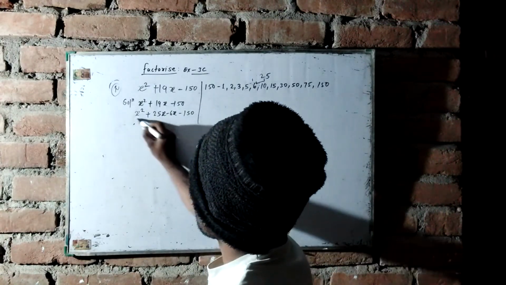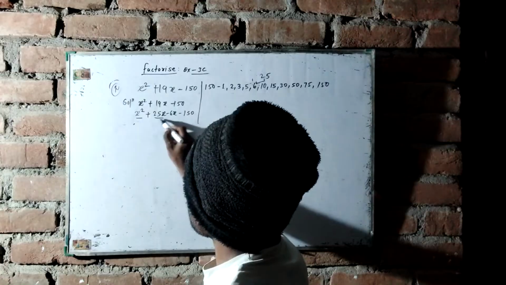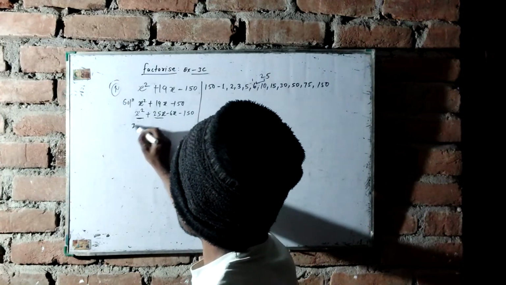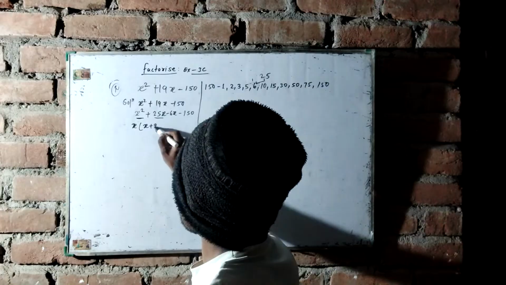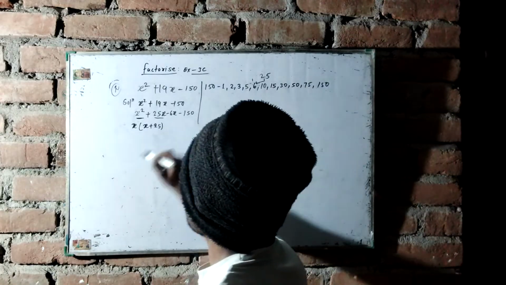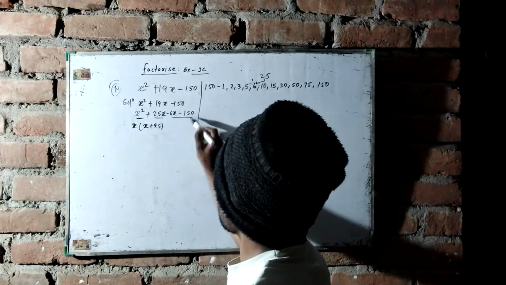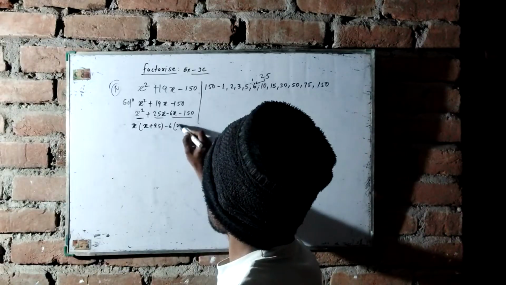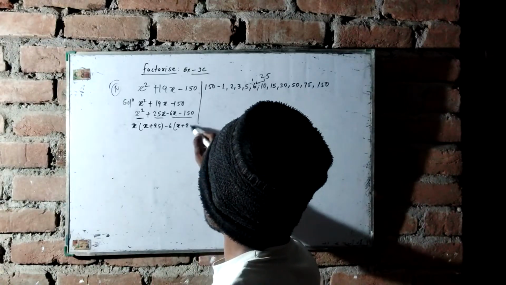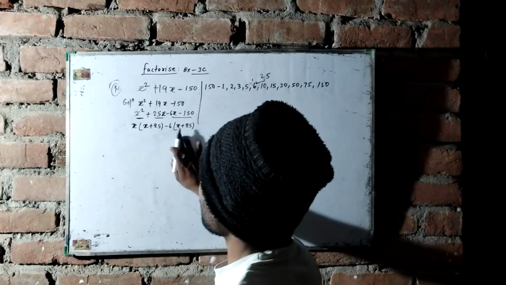Now we can take common x here. So we can write x into x plus 25 as a multiple, and we can take common minus 6 here, and we can write x plus 25 as a multiple.